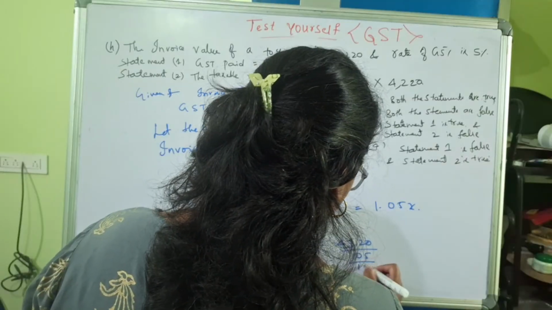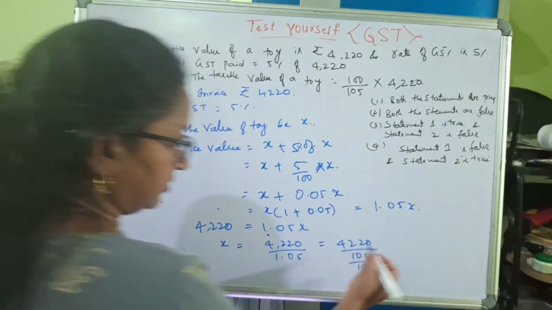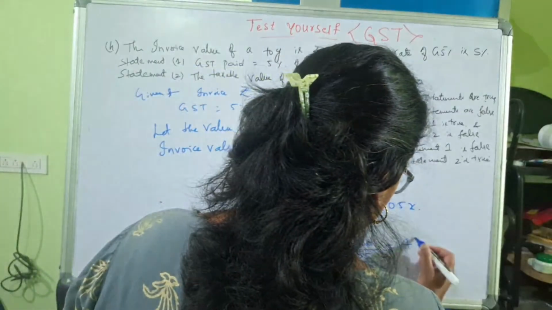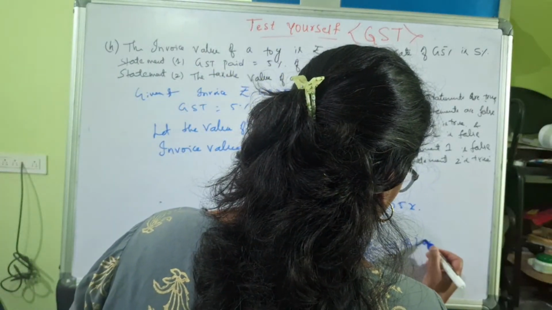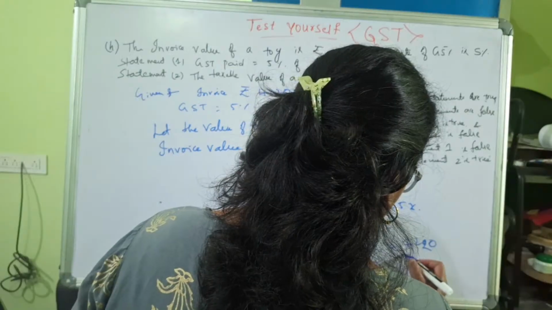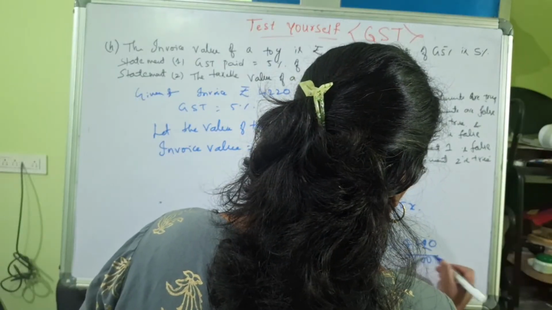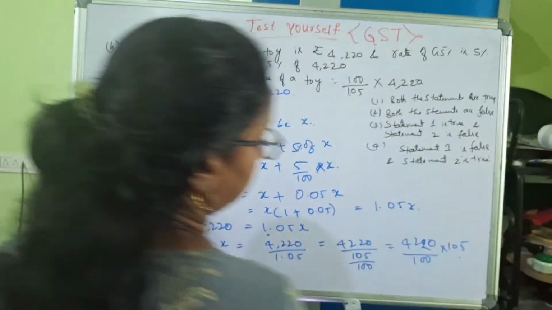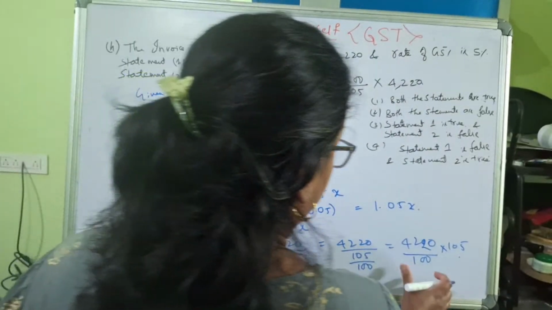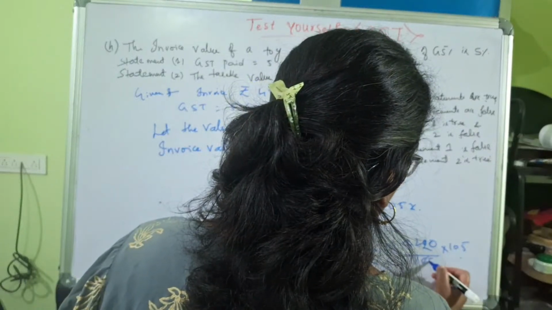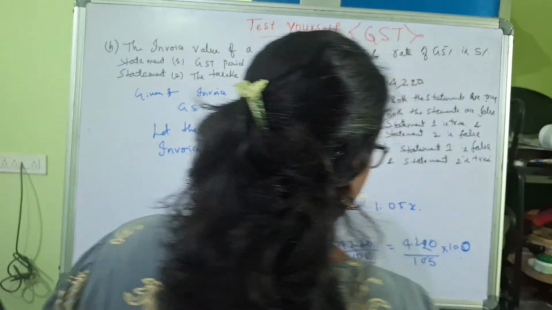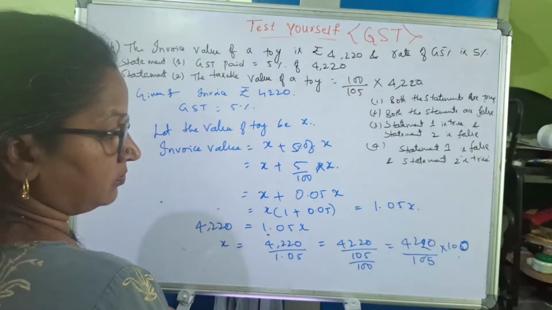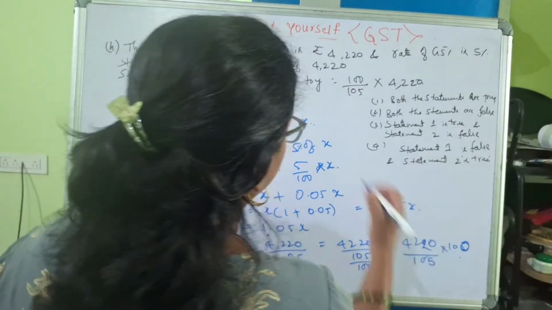That means 4,220 divided by 1.05 is 4,220 divided by 105 by 100, isn't it? That is 4,220 into 100 divided by 105. Correct, right?